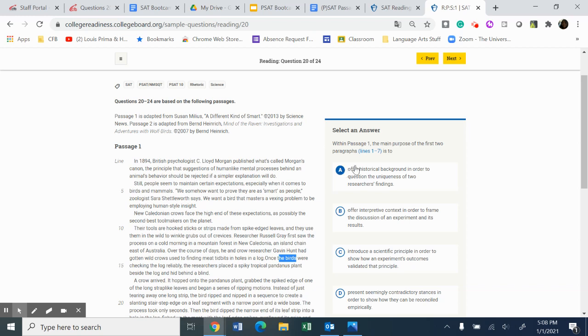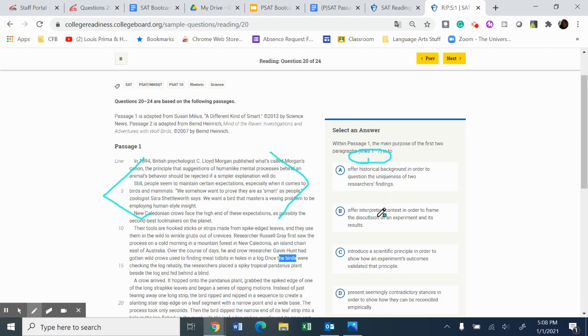Within passage 1, the main purpose of the first 2 paragraphs is to... I kind of like this question because it asks me to just stick to this part right here. But the answers are tough. So I might put this on the back burner, even though the question doesn't look too scary.